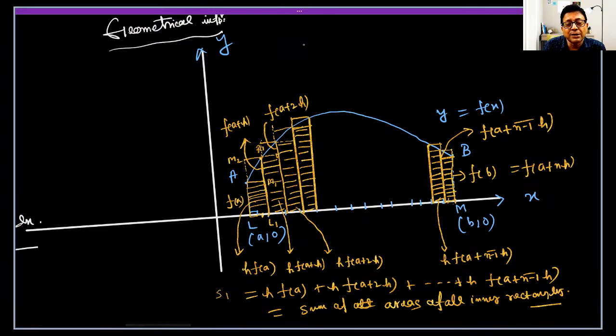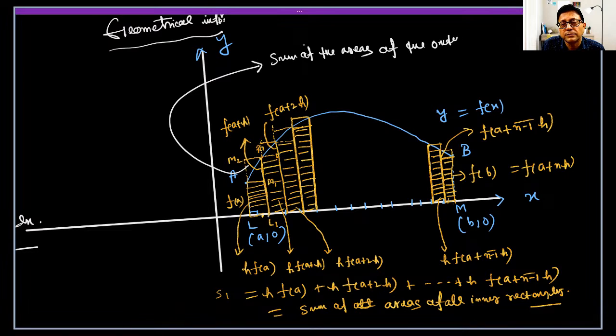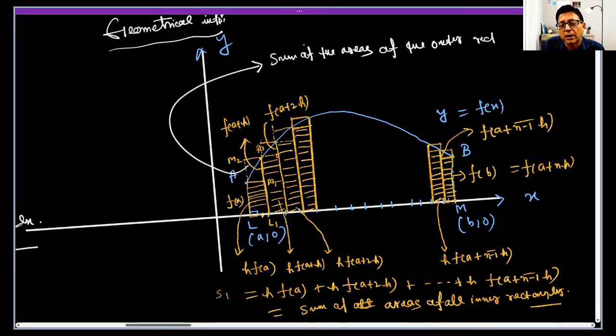But before doing S2, let us write the sum of the areas of the outer rectangles. What do you get?